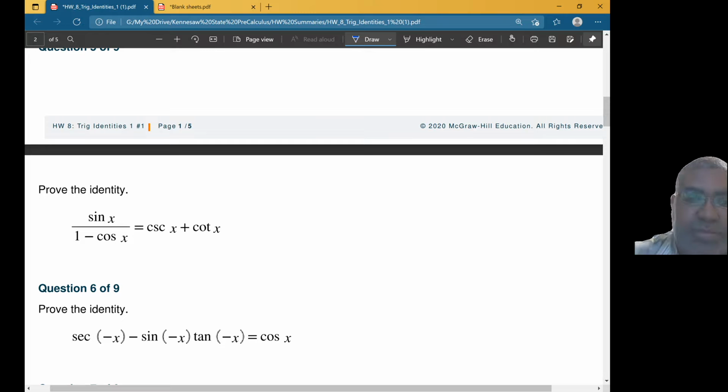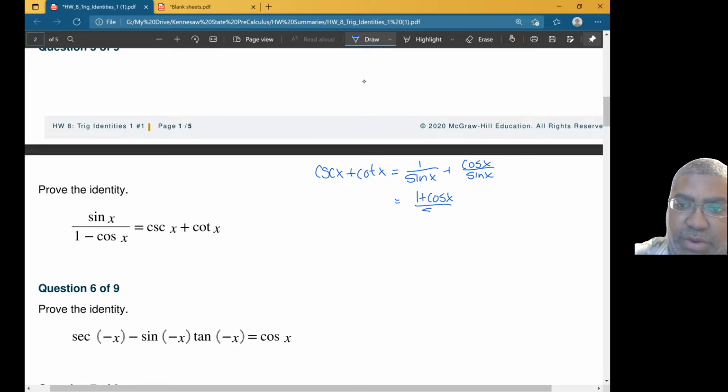So I have cosecant x plus cotangent x. This is equal to 1 over sine of x plus cosine of x over sine of x. Same denominators, put them together. 1 plus cosine x all over sine of x.